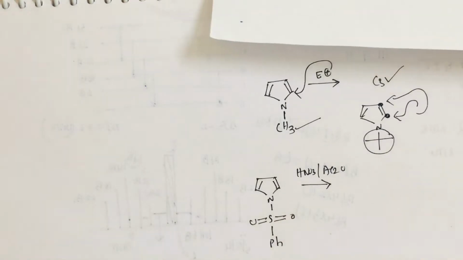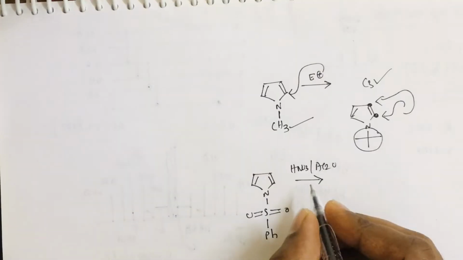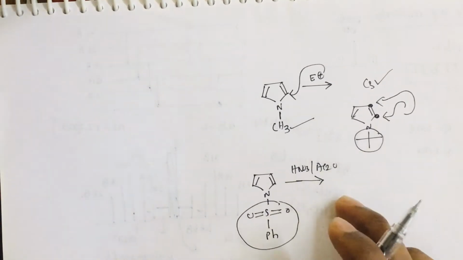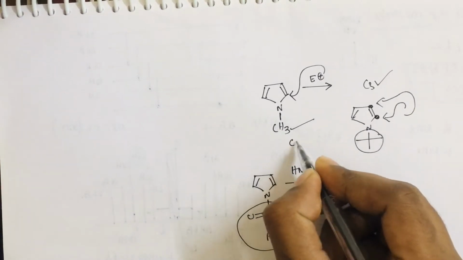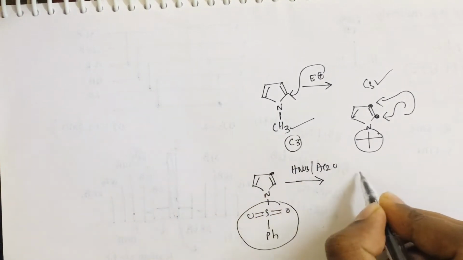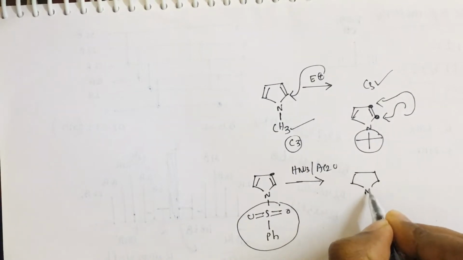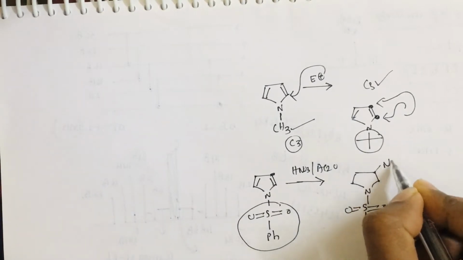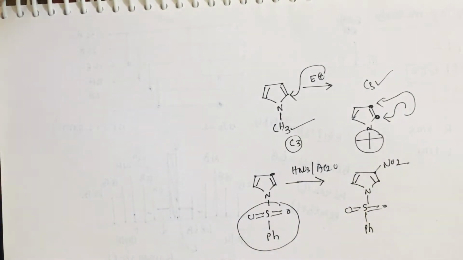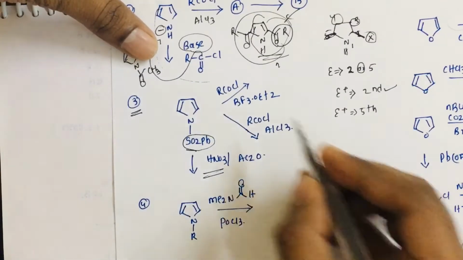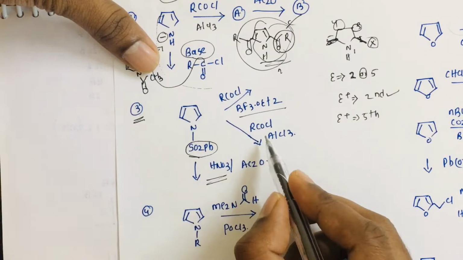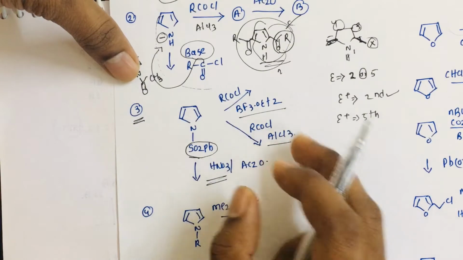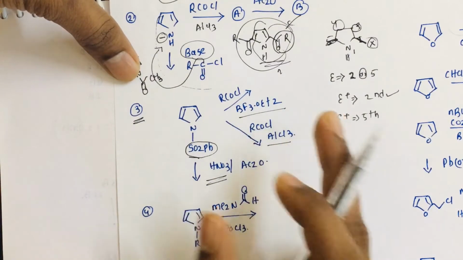Since this is a bulky group, as I said, if the nitrogen is attached to a bulky group, the electrophile goes to the C3 position, so NO2 goes to this position. The product we will get here is NO2. And then we also have Lewis acids, BF3·OEt2 and AlCl3. In these two cases, what will happen, we'll see now.